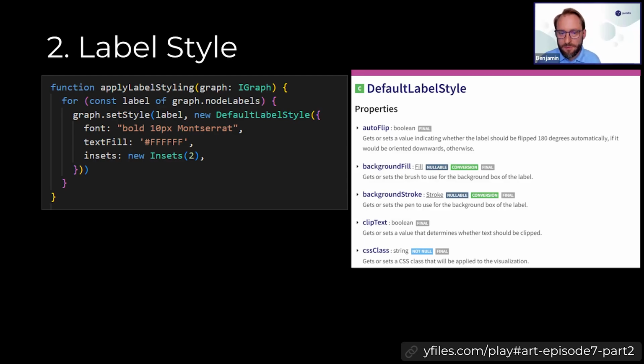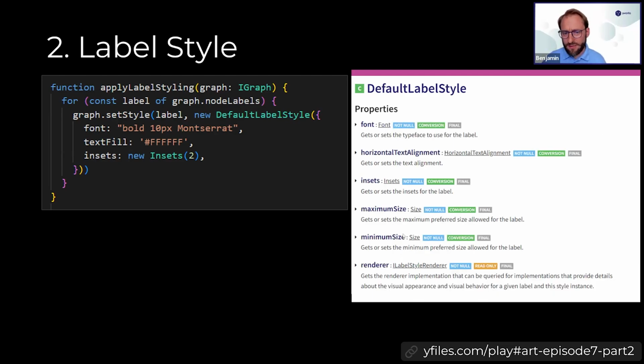Talking about the properties, the default label style has a lot of properties that you can configure. I don't want to go through them, but I just want to give you a very short overview of them. So you can decide whether this style auto flips the labels, so if you rotate the labels, but you can also define backgrounds. And again, you can use CSS classes, but there are many different other properties as well.